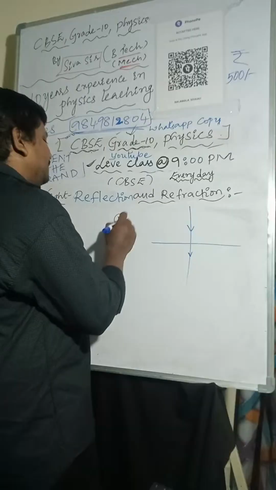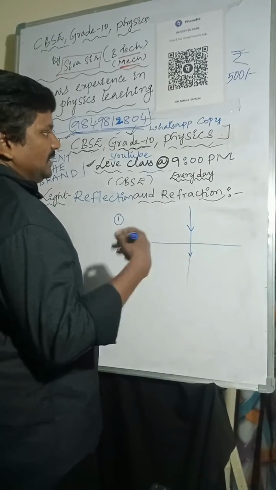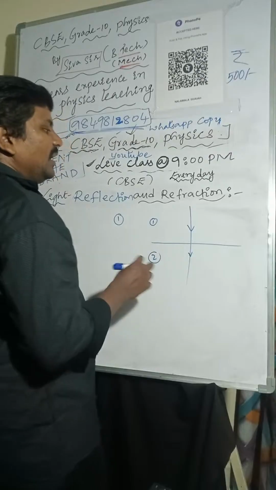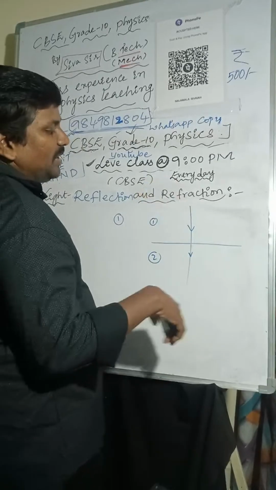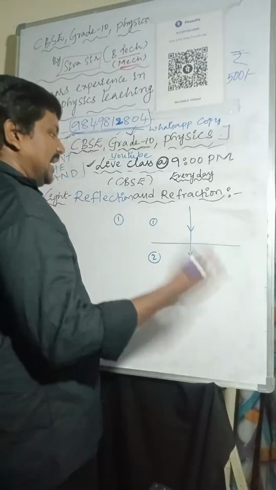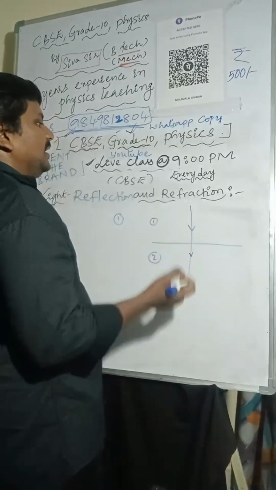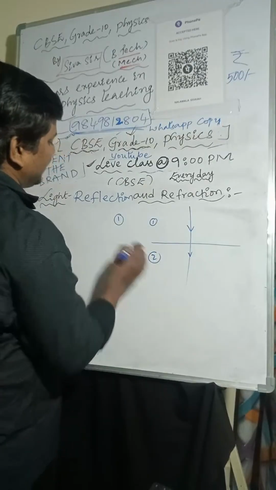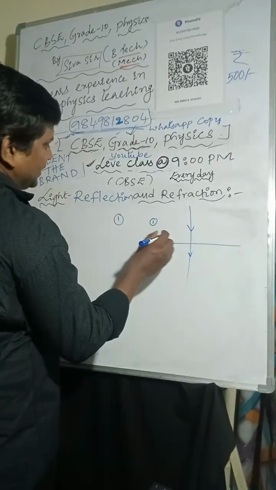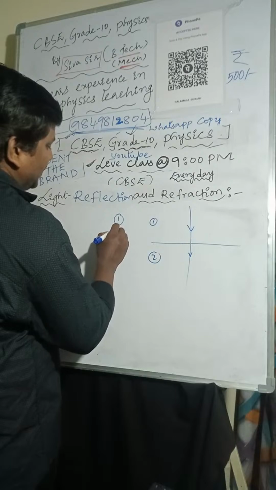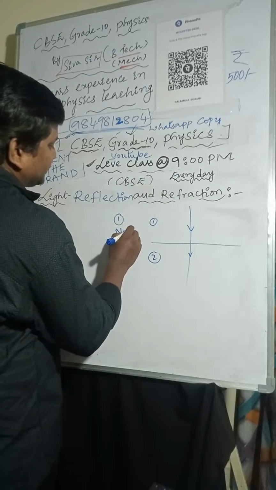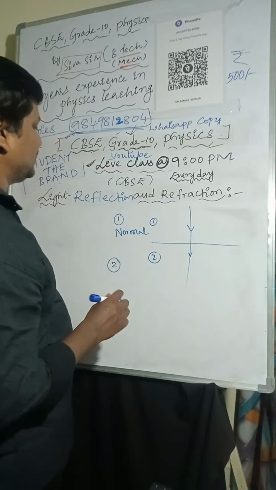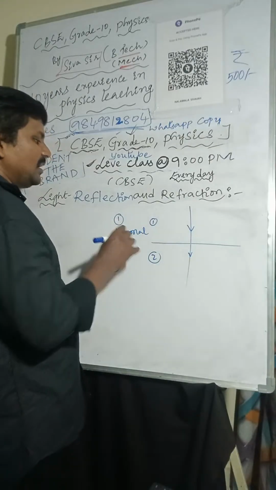And the second one: if the light ray passes from one medium to another medium and the refractive index of the two media is the same, then no refraction takes place. So here I am considering the light ray passing along the normal line, that is one point.